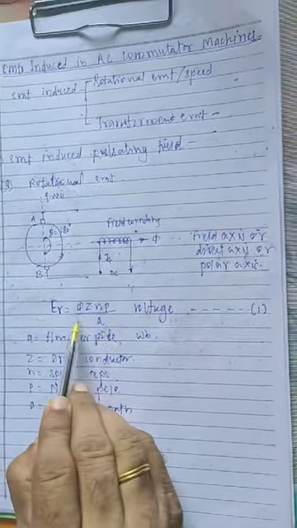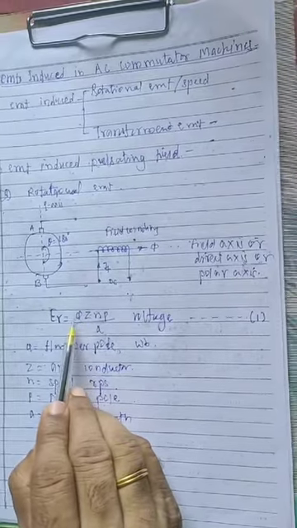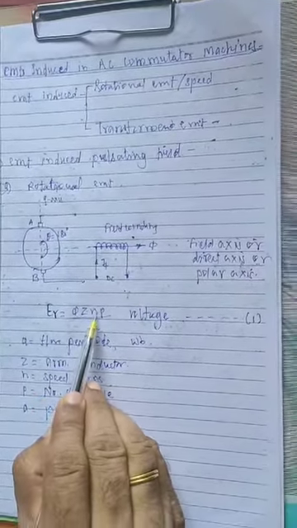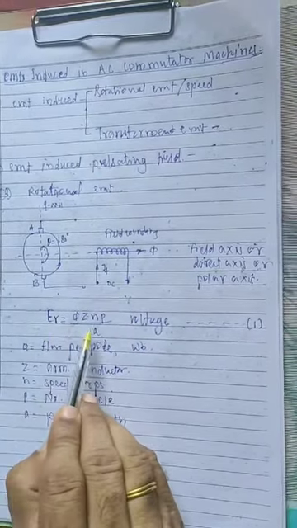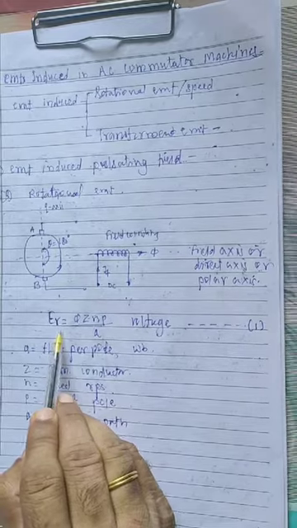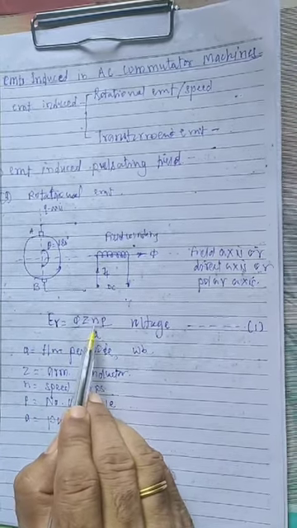This is rotational EMF, as it depends on the speed. So when speed is 0, EMF is 0. If speed is increased, EMF is increased. So EMF is directly proportional to speed.